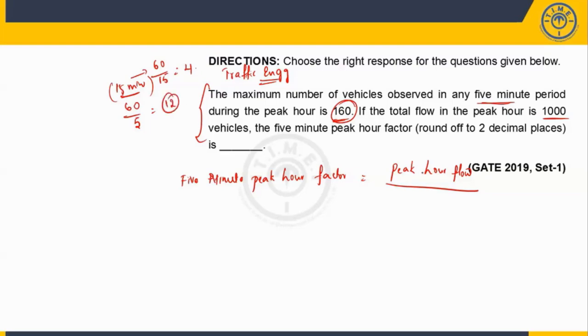So the peak hour factor is peak hour flow upon 12 times the maximum number of vehicles observed during that 5-minute period. The peak hour flow is 1000, there are 12 such 5-minute periods, and the maximum traffic in 5 minutes is 160. What is the answer then?